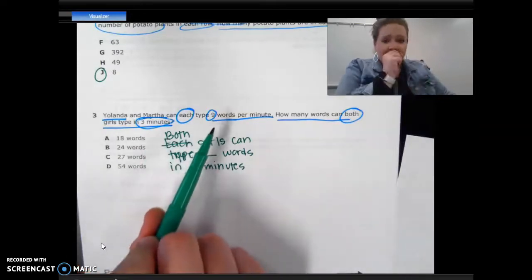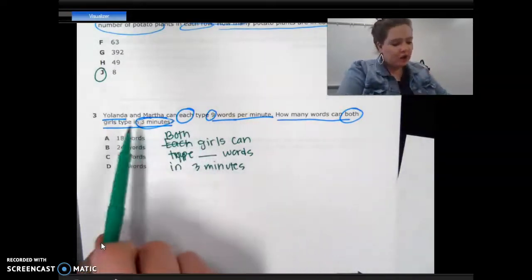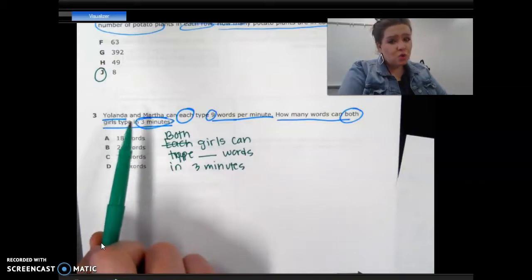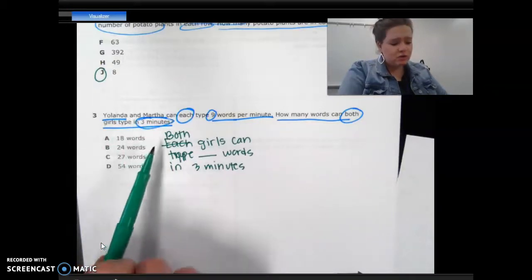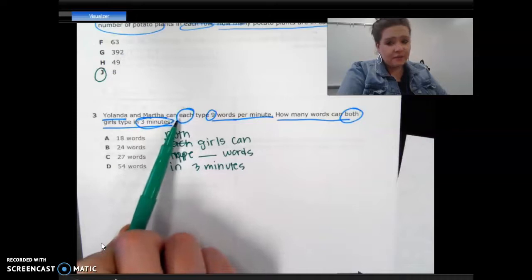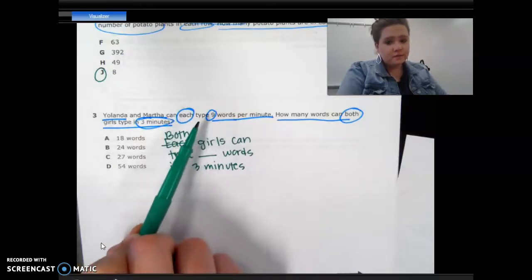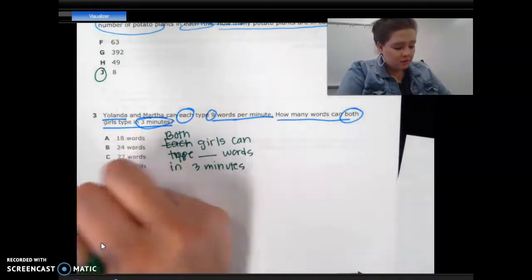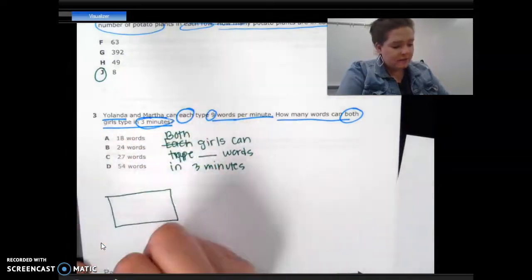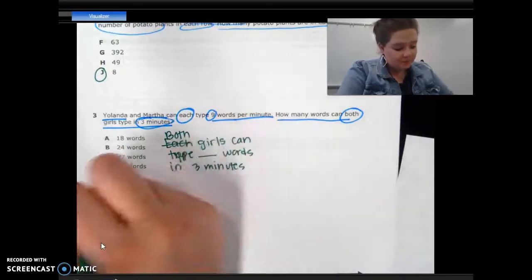Well, I know that I have 2 girls, 1 girl and 2 girls, and they can each type 9 words. So you could have done your strip diagram different ways, okay?